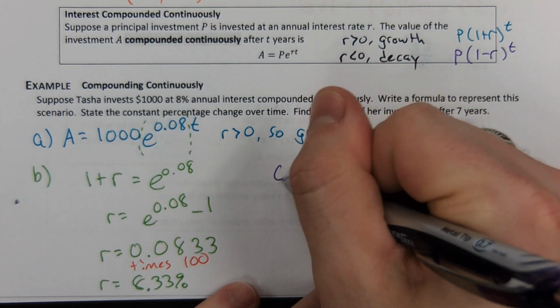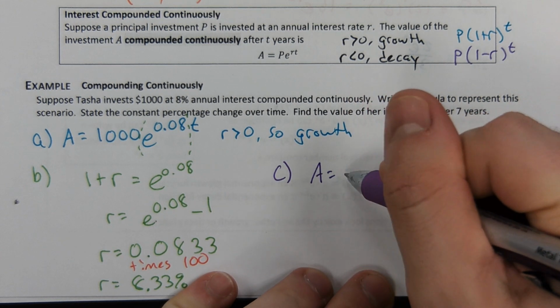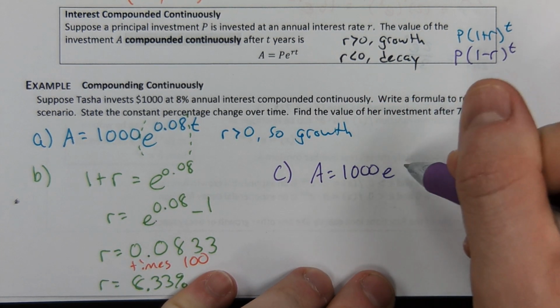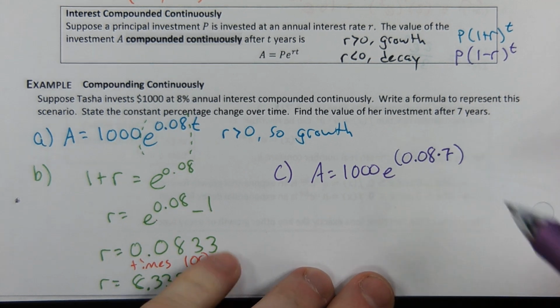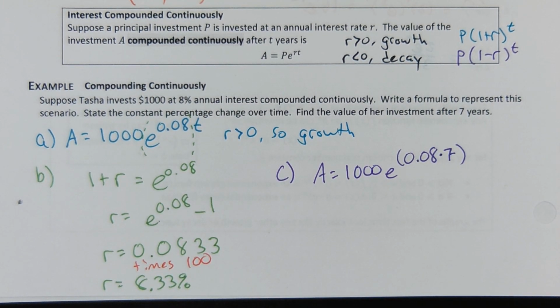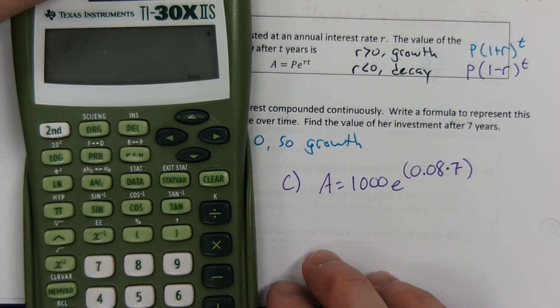Speaking of money, let's see how much Tasha has in her account after 7 years. I'm not actually going to multiply 0.08 and 7. I'm going to let the calculator do that for me. But on my battery-operated calculator, people, you have to type the exponent first.